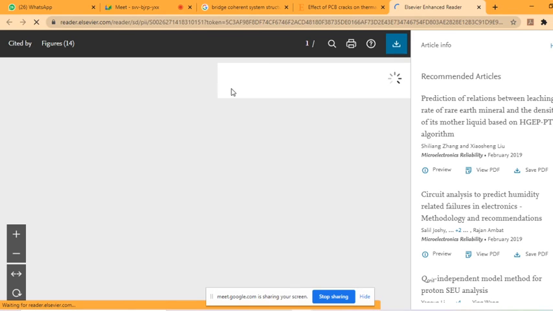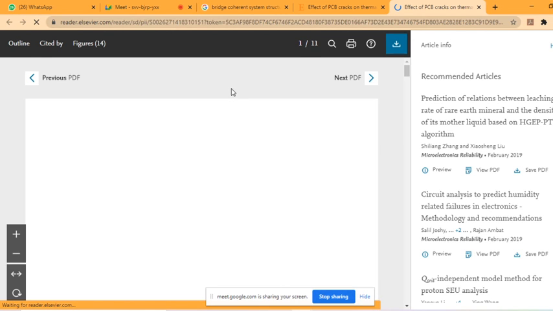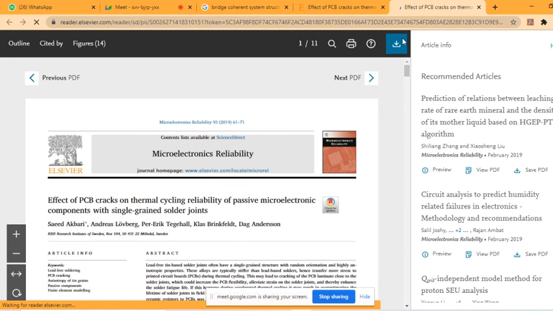Some of the journal articles can be downloaded. Let us look at what is inside this type of journal.